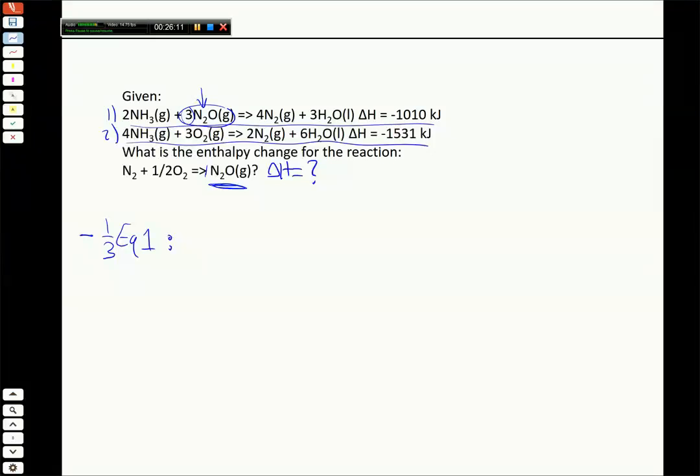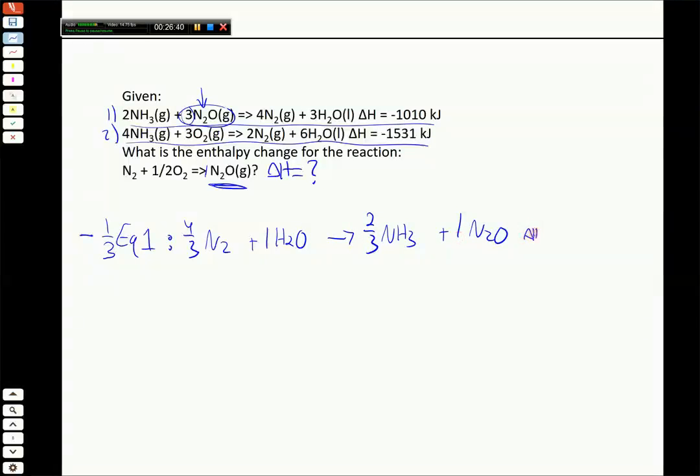So we swap reactants and products, so that's going to be N2 plus water on the reactant side, and then on the product side we're going to have NH3 and N2O, and then we have to multiply all the coefficients by 1 over 3, or divide them all by 3. So N2 becomes 4/3, H2O becomes 1, NH3 becomes 2/3, and N2O becomes 1, which is what we want.